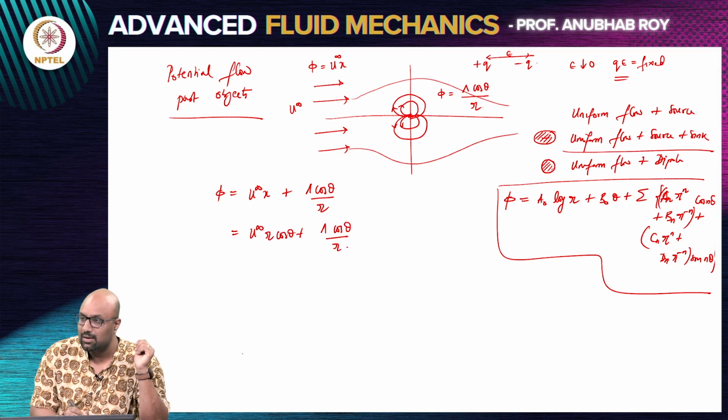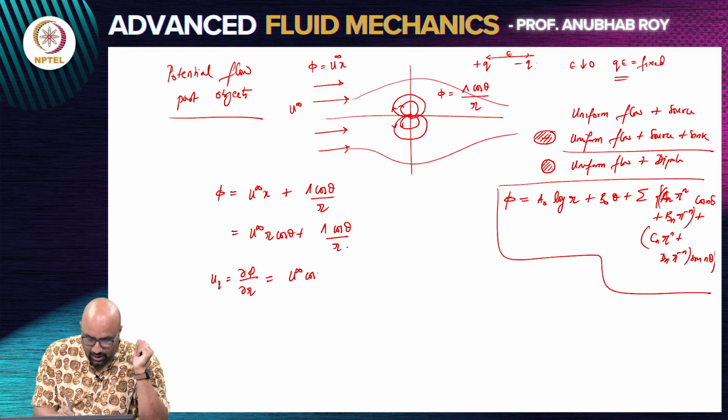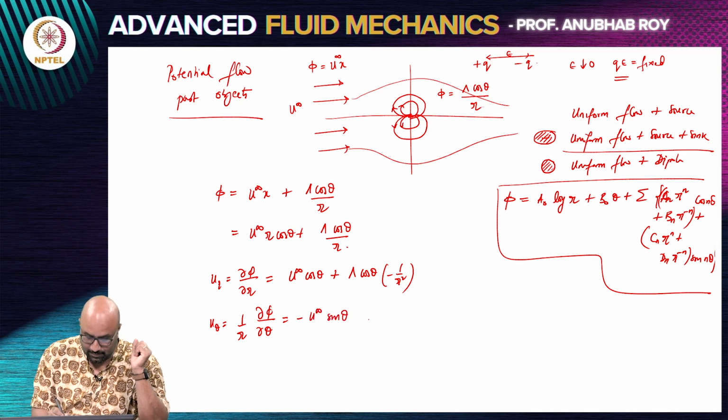The radial velocity is dou phi by dou r, which is u infinity cosine theta plus lambda cosine theta times minus 1 over r square, and u theta is 1 over r dou phi by dou theta, which turns out to be minus u infinity sine theta minus lambda sine theta by r square.